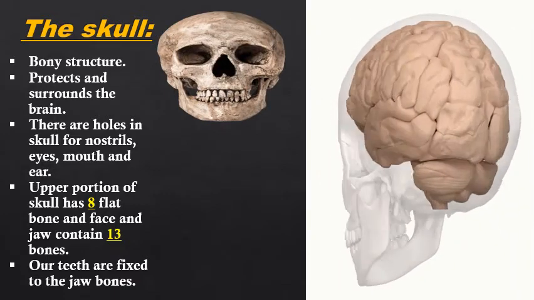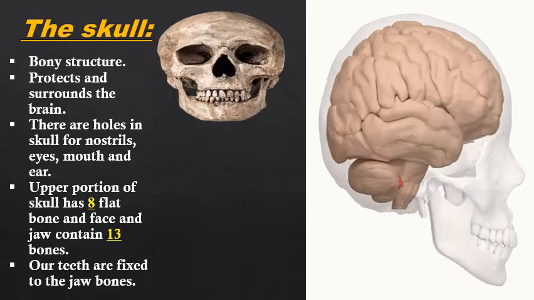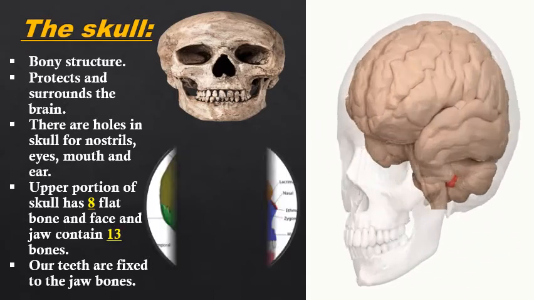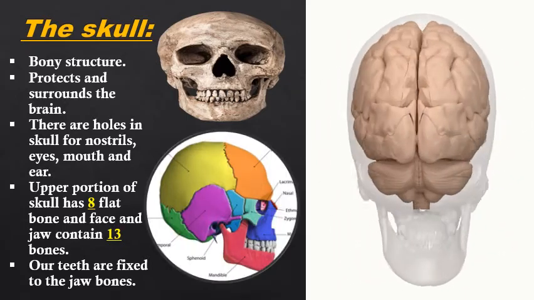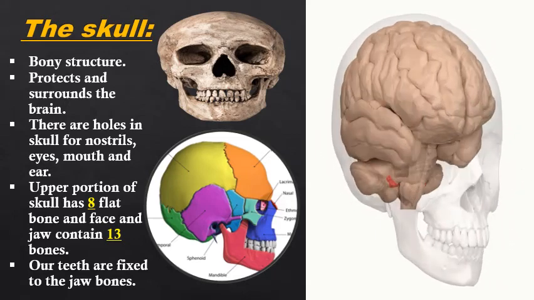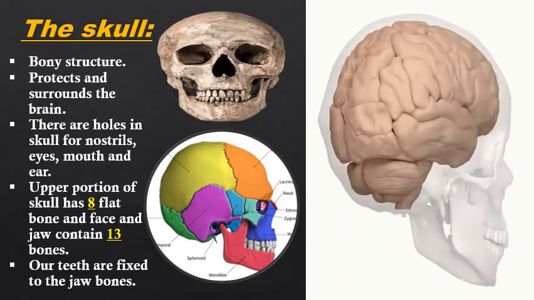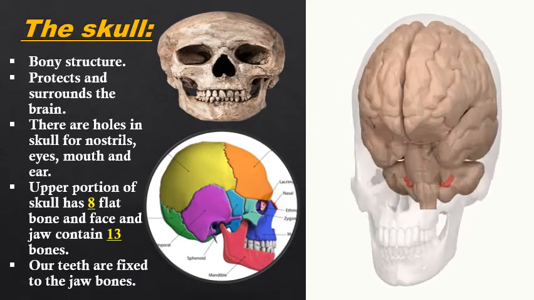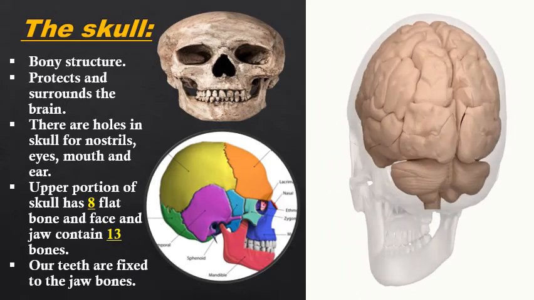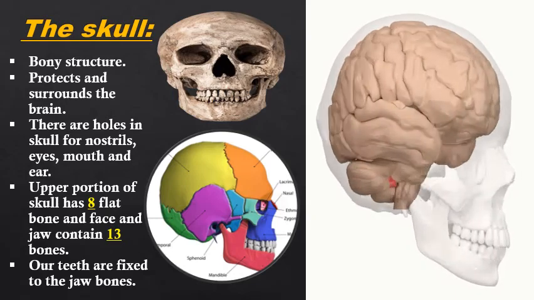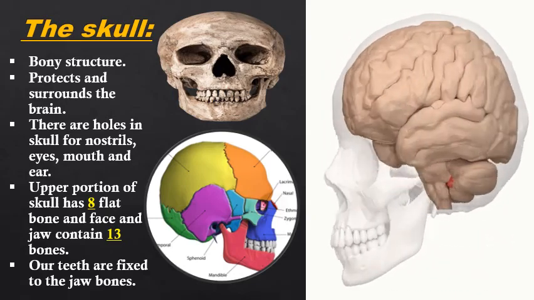Here you can observe how the skull is protecting our brain. There are holes in the skull for nostrils, eyes, mouth and ear. The upper portion of the skull has 8 flat bones and the face has 13 bones. Our teeth are fixed to the jaw bones.